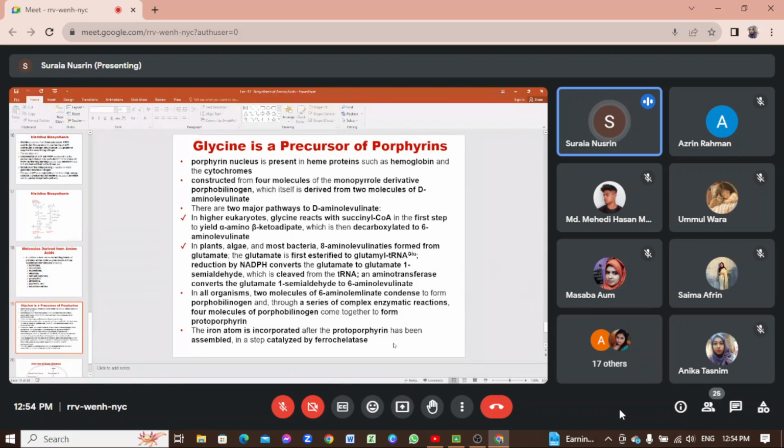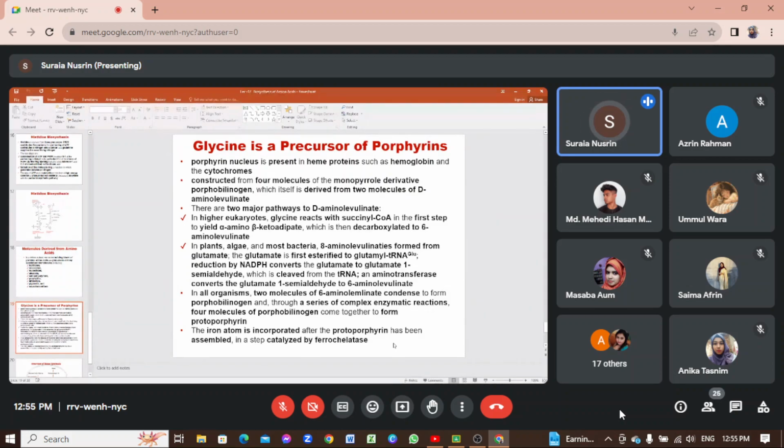The immediate precursor from which it is synthesized is porphobilinogen, and porphobilinogen comes from another intermediate called aminolevulinate.